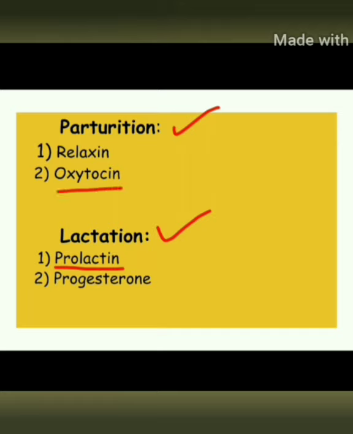The mammary glands develop under the influence of two hormones, prolactin and progesterone. Because of that, milk is formed, which is ultimately released outside the mammary gland and is available for the child's nutrition.